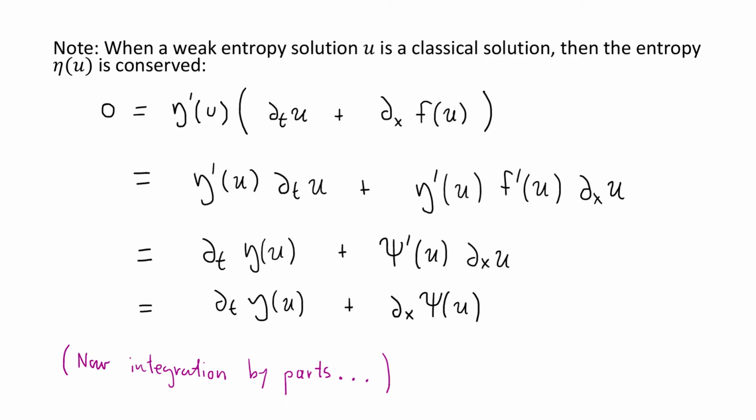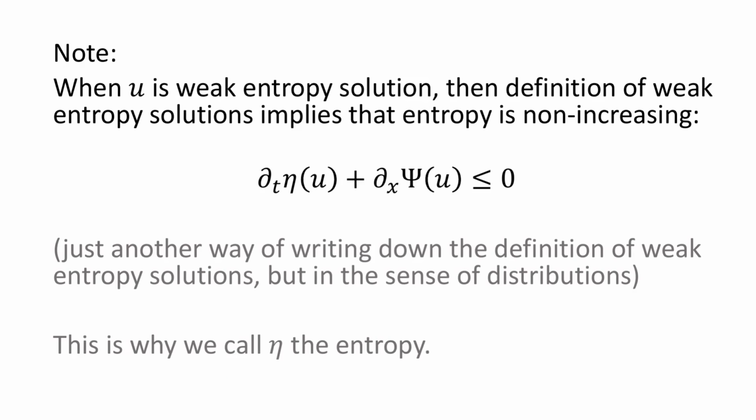And to connect this with the notion of weak entropy solution, all that remains to be done, not shown here, is to multiply this with any arbitrary non-negative test functions and perform integration by parts. The notion of weak entropy solution can also be interpreted as follows.